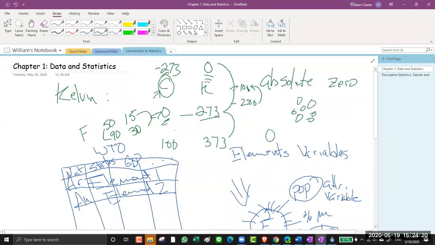But there's another thing. What's it called? Kelvin. Most of you have probably heard of Kelvin, right? What is Kelvin? When it's 0 degrees, I think the Kelvin amount is 273, if I remember correctly.